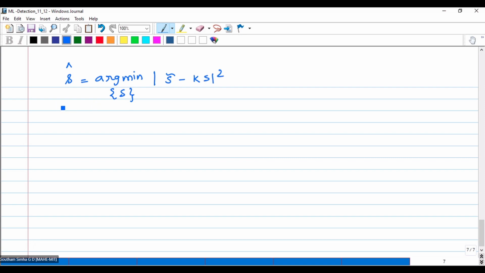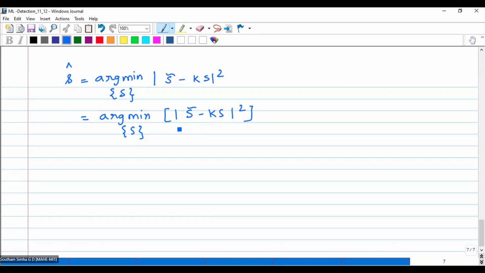So ML can be rewritten in this fashion. So if you carefully observe from your linear algebra concepts, argmin of S can be written in terms of S tilde minus Ks norm square.